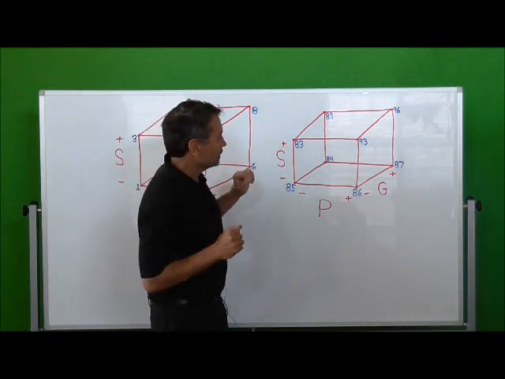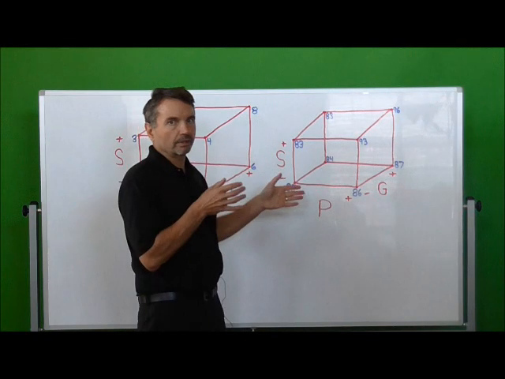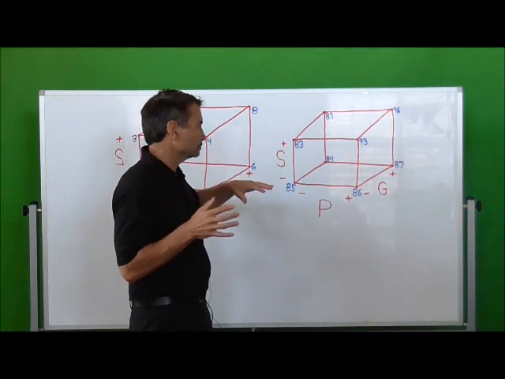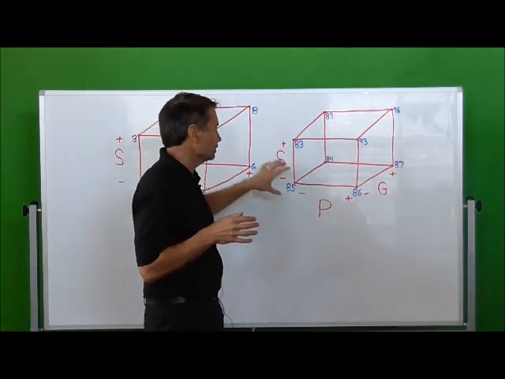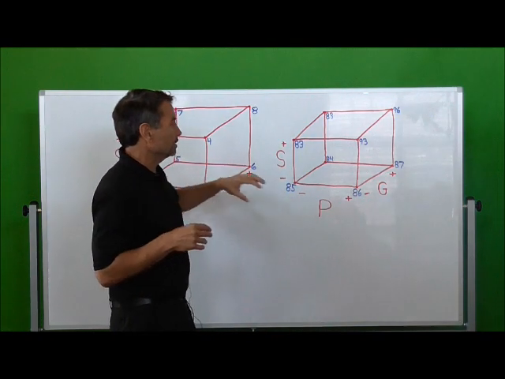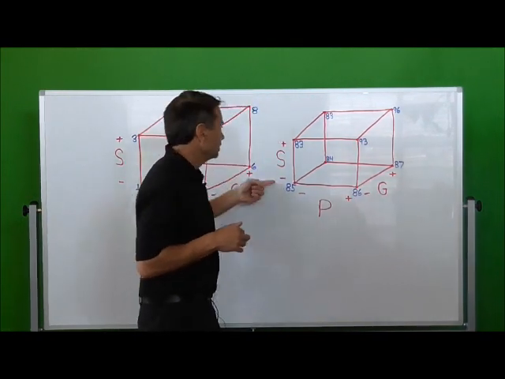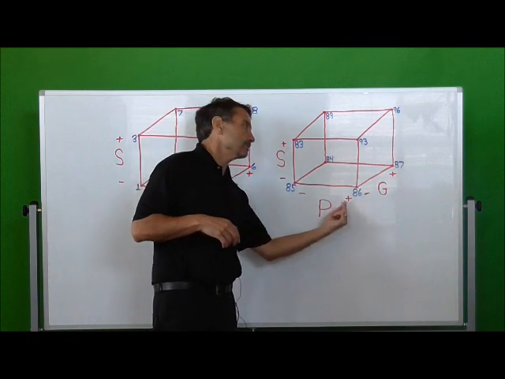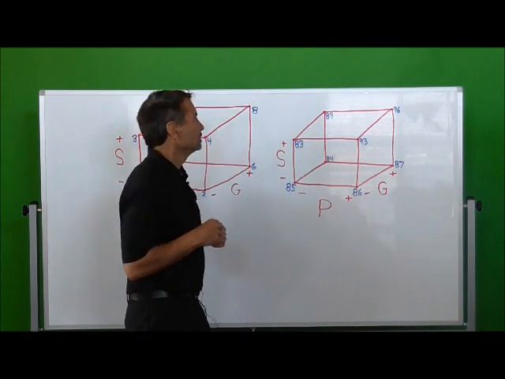So let's go to the other side over here, where we have a similar cube plot. The cube plot consists of the pressure, the speed, and the gravity, minus and plus levels.